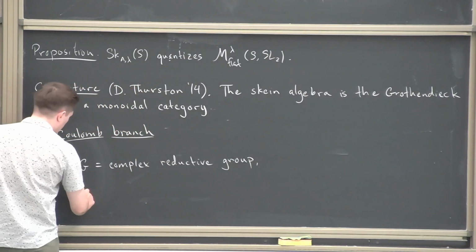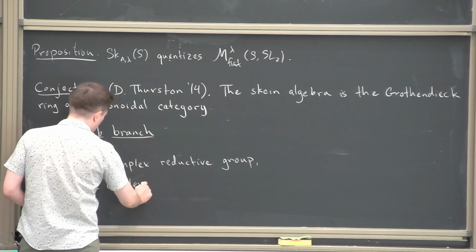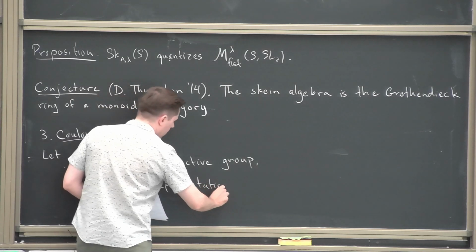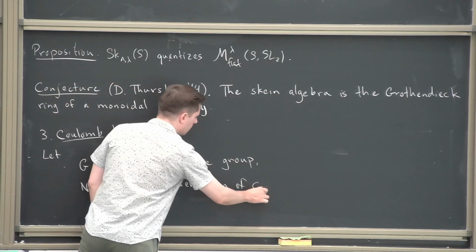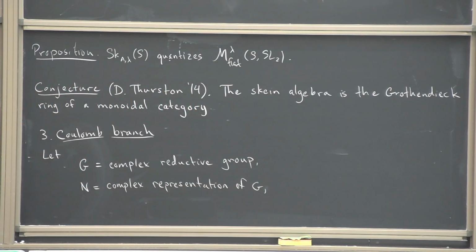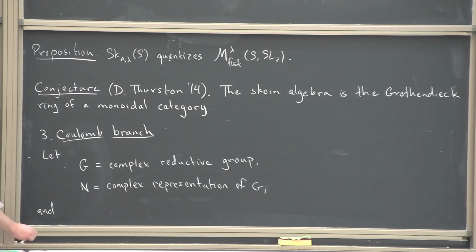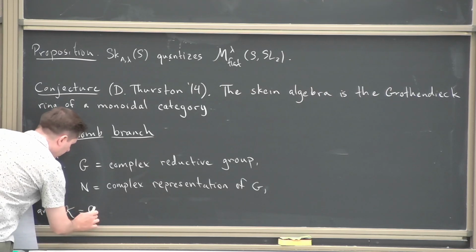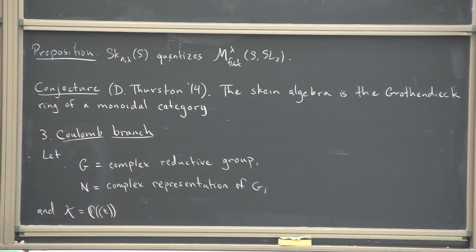And we'll let N be a complex representation of G. And then we'll talk about various things associated to these data. And also just a bit of notation here. I'll use the standard notation from geometric representation theory and write K for the field of formal Laurent series in a variable z.